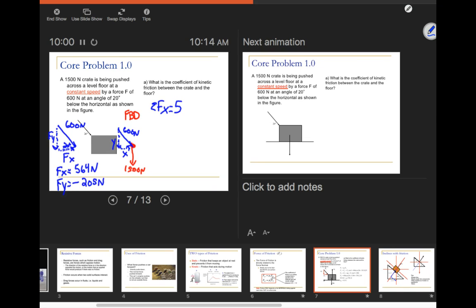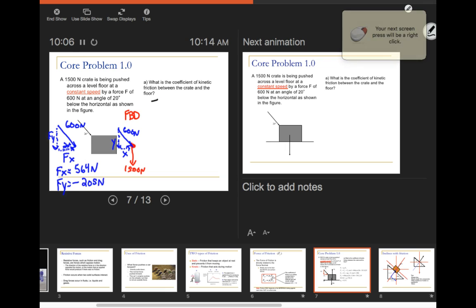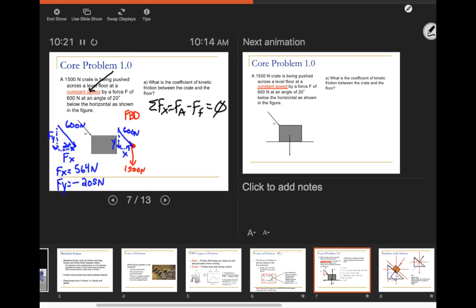Let's write it down first. Sum of the forces in the x dimension would be the force applied minus the force of friction. It equals 0. Why does it equal 0? Constant speed. Let's look at the sum of the forces in the y dimension. Well, we've got a normal force that goes up minus a force component in the y minus the force of gravity, and that also equals 0.